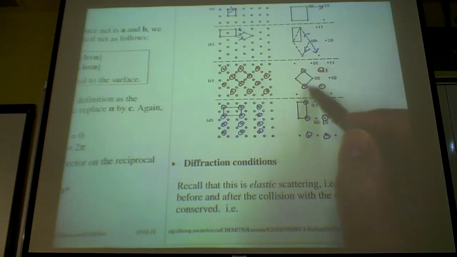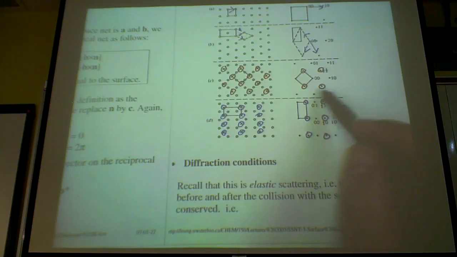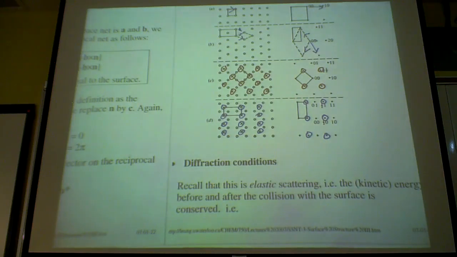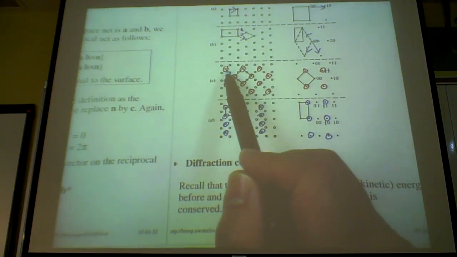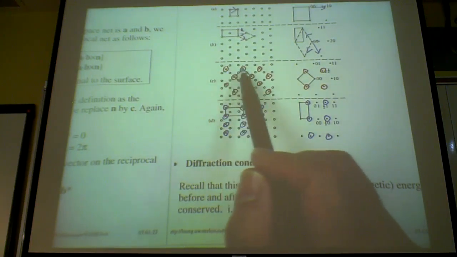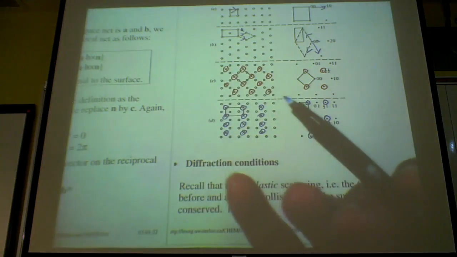And these in-between weaker spots are called fractional order diffraction spots, because in reciprocal space they are called (1/2, 1/2), and this one will be (1/2, -1/2), and so forth. So what is the lesson? The lesson is that if the overlayer spacing is twice the distance in real space, your actual vector in reciprocal space should be 1/2 of that.